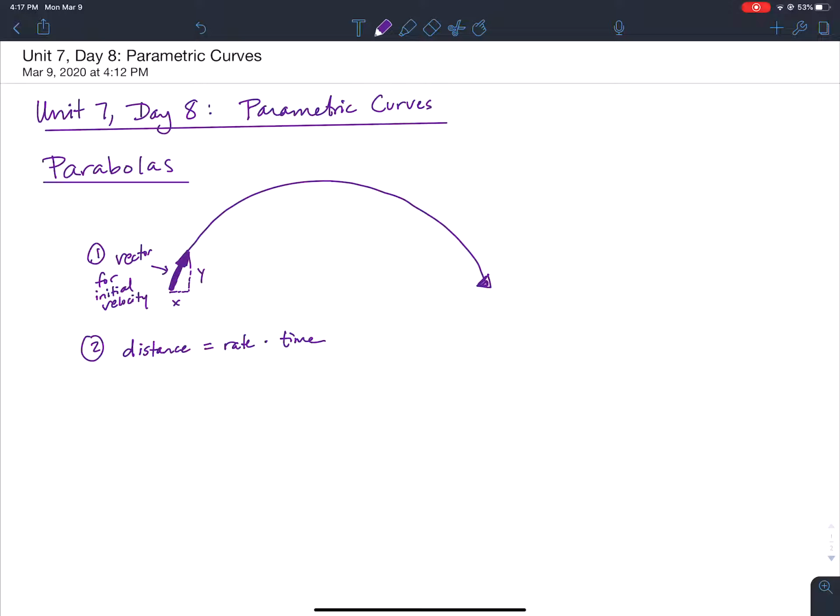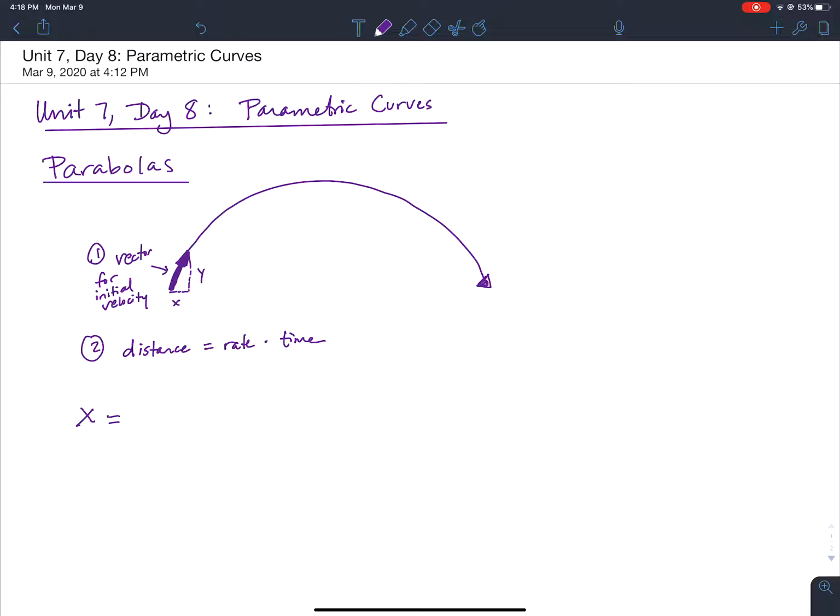Okay, so those two things put together is going to be how we come up with our parametric equations. Okay, so let's talk about the first one. The horizontal distance, the x, is going to be found by doing distance equals rate times time.